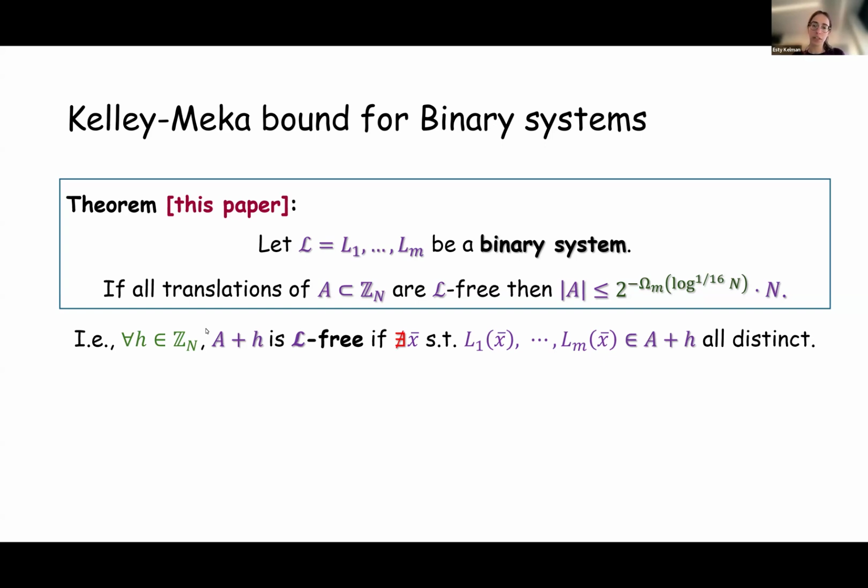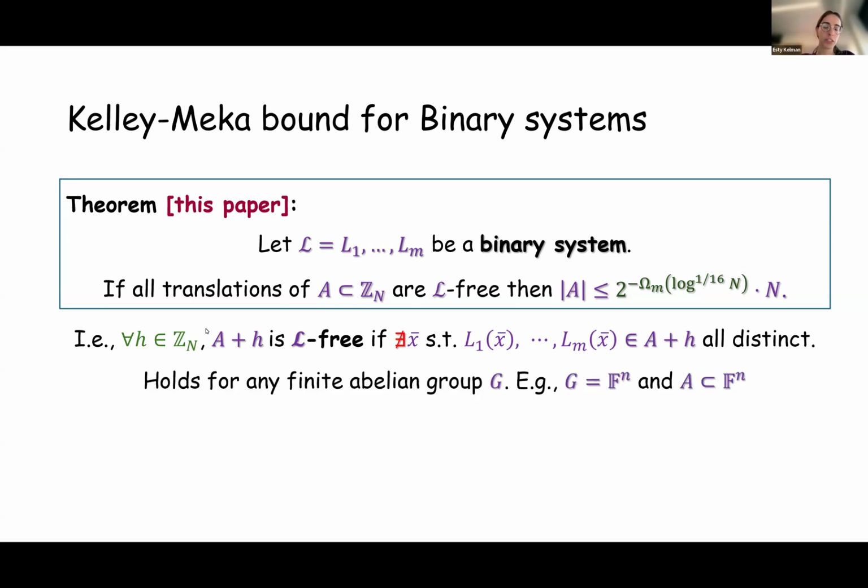So one comment regarding the constant here. This is a bit worse than what we saw is best known for 3AP. But anyway, in our paper, we showed that for some subclass of the binary systems, which contains 3AP, we can achieve the best known constant here, and thus we recover the best known result for 3AP.